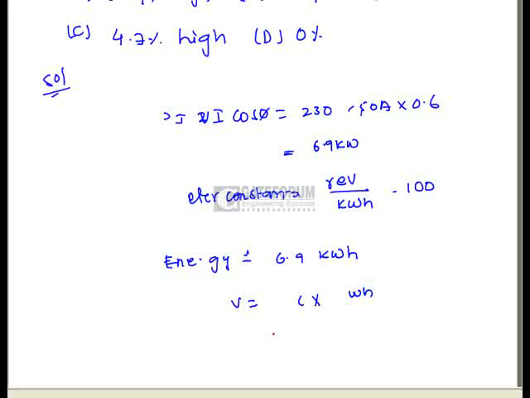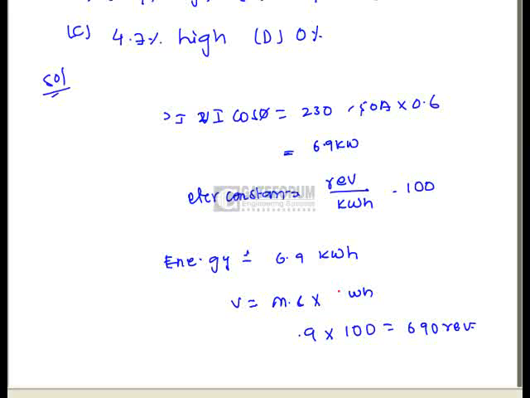So this is 6.9 multiplied by 100, which means 690 revolutions. Actually the meter has to rotate 690 revolutions.